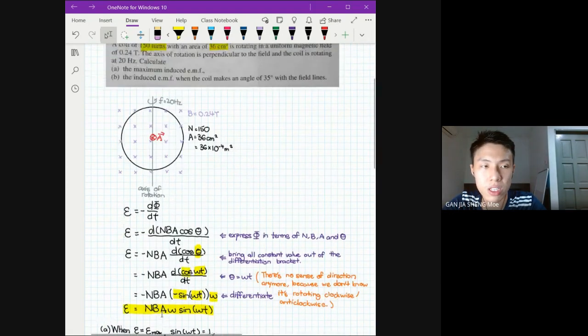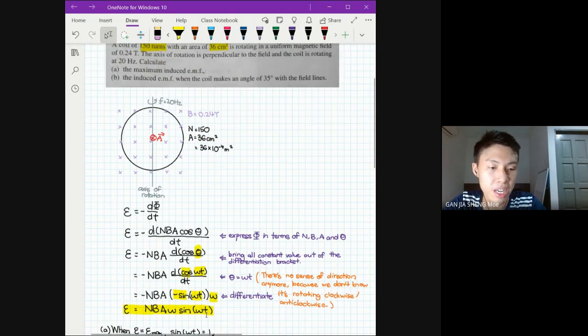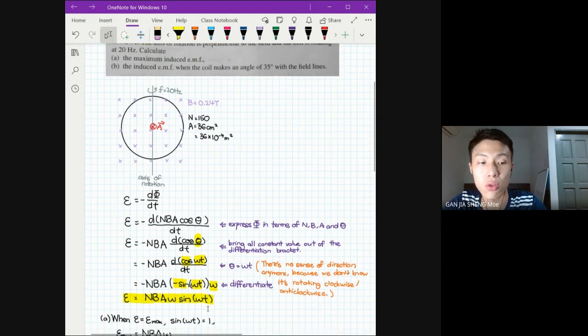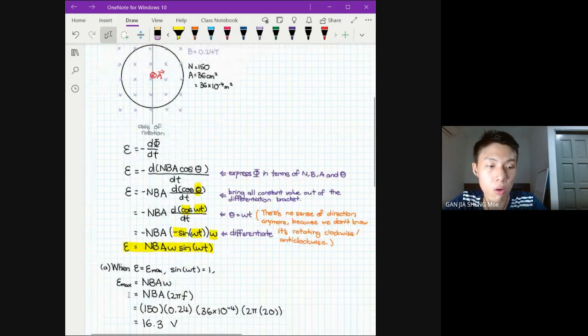So if you look at the situation, they ask for the maximum induced EMF. Well, we have a sin omega t behind, and you learn that if they ask for maximum, then you should take sin omega t to be equal to 1. Then your EMF maximum will be NBA omega. You change the sin omega t to 1 because it's the maximum you can achieve.